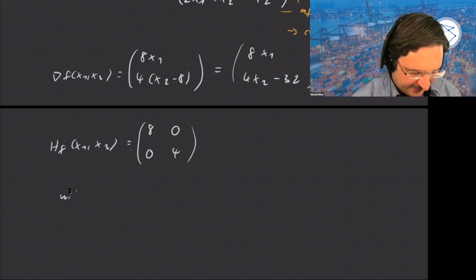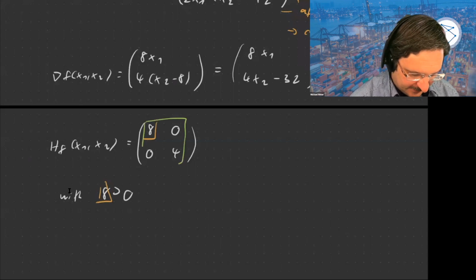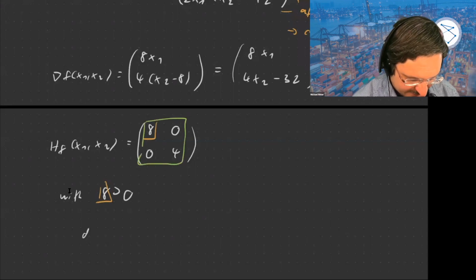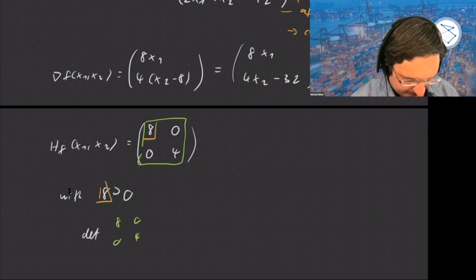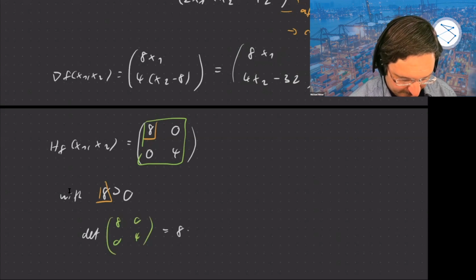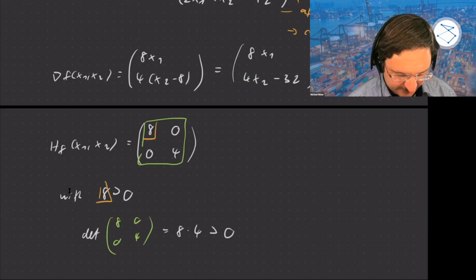So we can see that with 8 being strictly positive, so this 8 here, and this determinant, well, that is 8 times 4. That's also strictly positive.